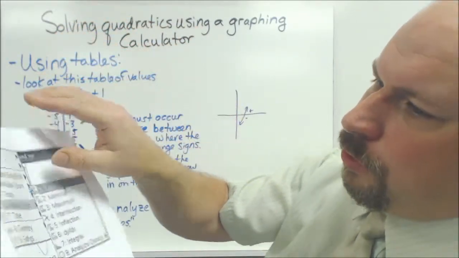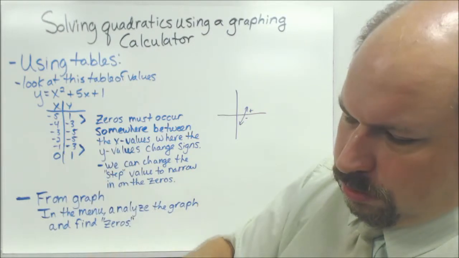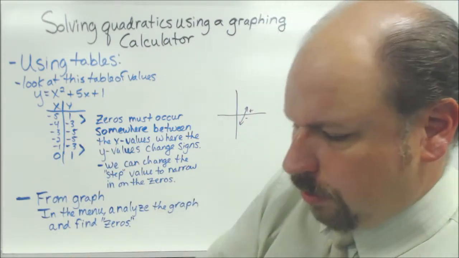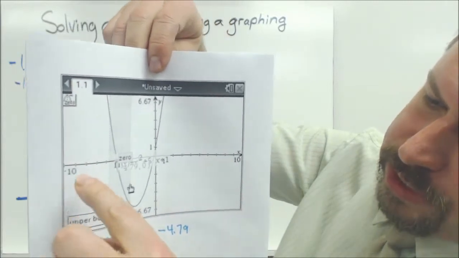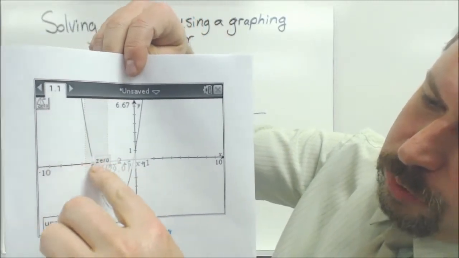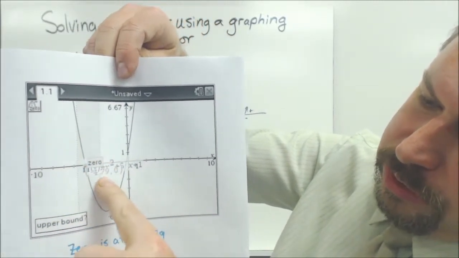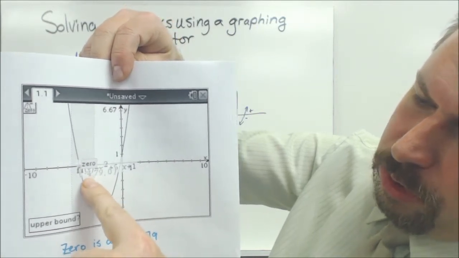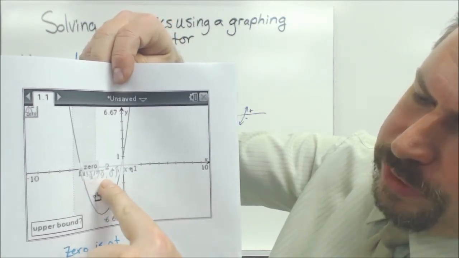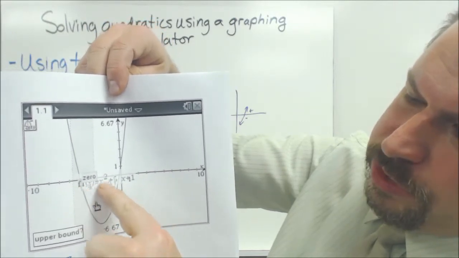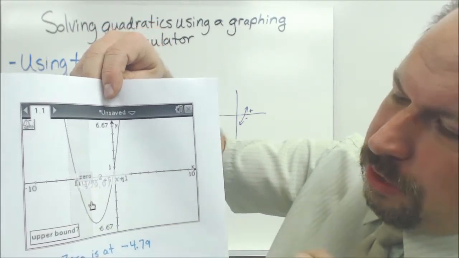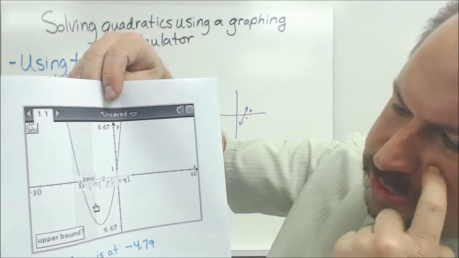And what happens when you do that is, and I'll show you more on how to do this in class, we highlight where that 0 is, and it tells us that the 0 is at -4.79. So we found where that value is at -4.79.